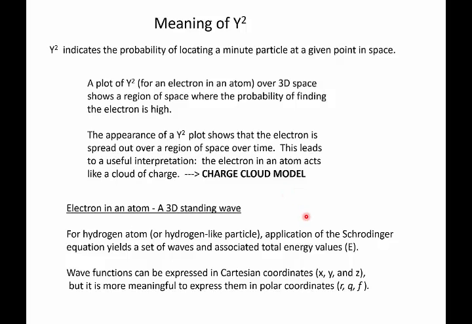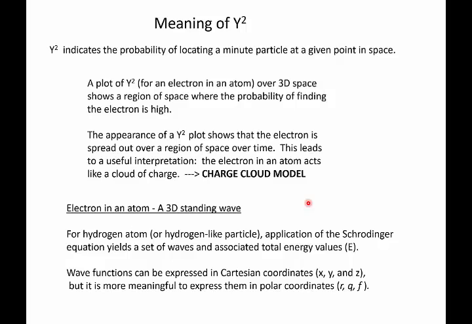Anyway, for a hydrogen atom or hydrogen-like particle, application of the Schrödinger equation yields a set of waves and associated total energy values. When you solve the Schrödinger equation for the electron, it's a twofer. You really get two things.